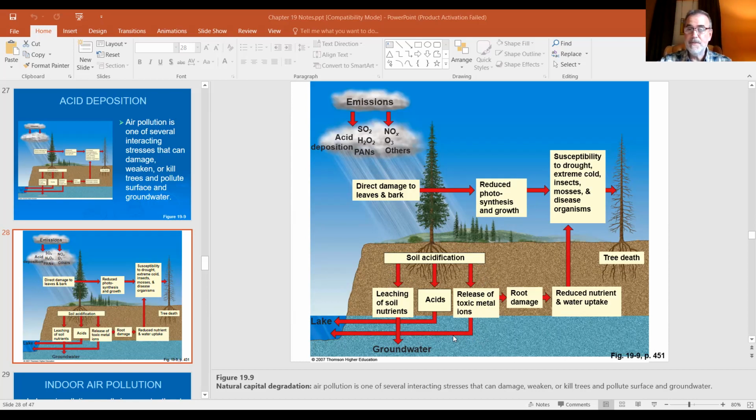This groundwater might be something that we pull up in a well and drink. So it can be very common. In other words, if we find high levels of heavy metals in a lake, it might be a sign of acid rain in the area that is leaching these metals out.